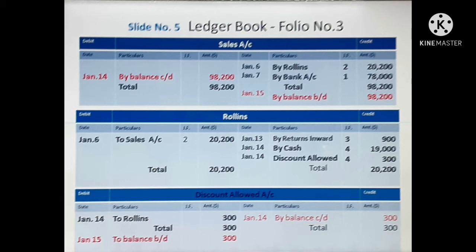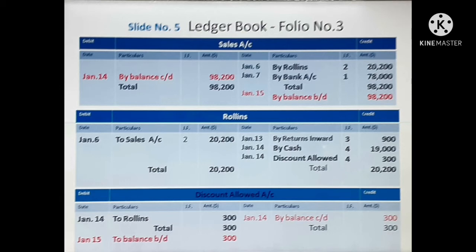Postings only on the credit side. The total is 98,200. The same is the balance shown on the debit side, January 14 to balance carried down 98,200, and below the total it is brought down on the credit side, January 15 by balance brought down 98,200. Sales account has a credit balance. Every income account will have only a credit balance.